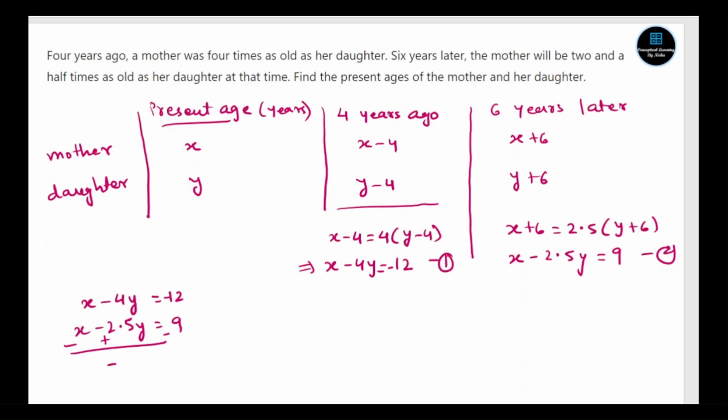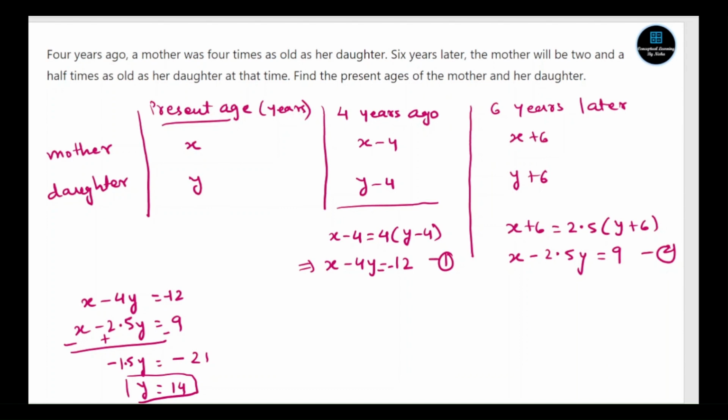I'll get minus 1.5y equals minus 21. So y is nothing but 14, right? y equals 14.